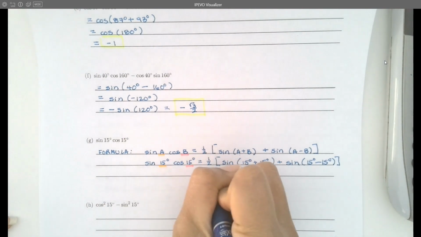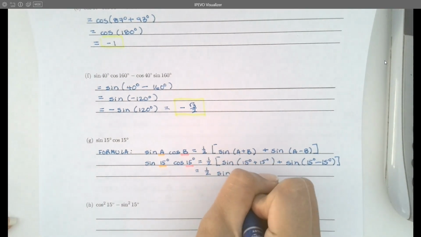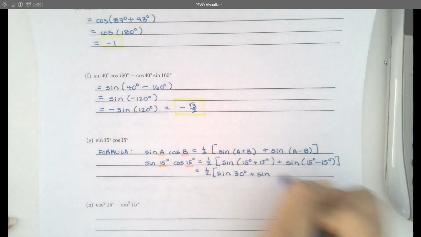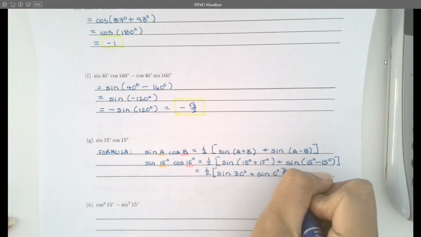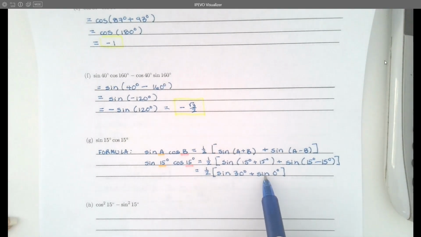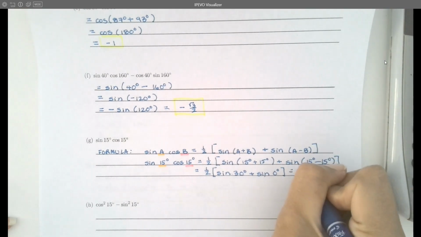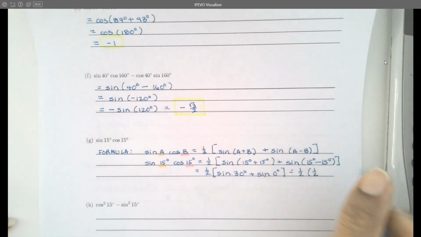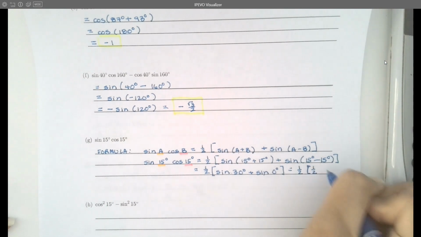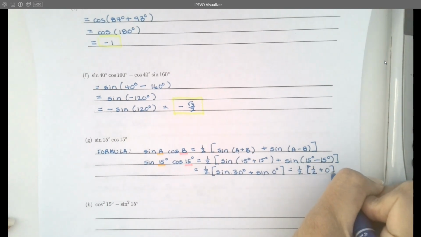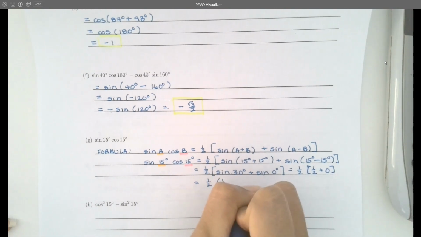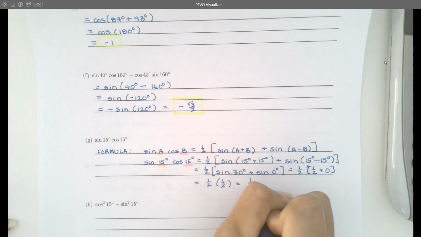So we get 1/2 sine of 30 degrees plus sine of 0 degrees. Sine of 0 will be 0. Sine of 30 degrees, if you refer to the unit circle, is 1/2. So we'll end up having 1/2 times 1/2 plus 0. And that's simply going to be a 1/2 times a 1/2, which is 1/4.